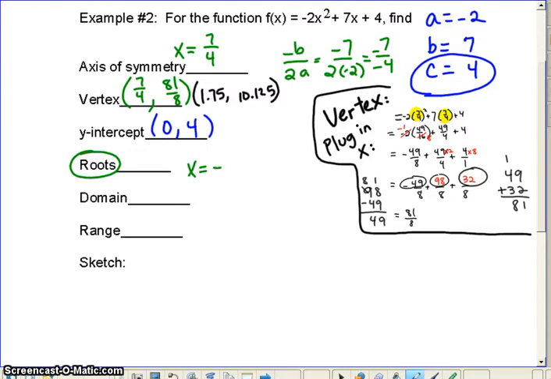x is equal to negative b, so that's negative 7, plus or minus the square root of 7 squared minus 4 times a times c, divided by 2 times a.